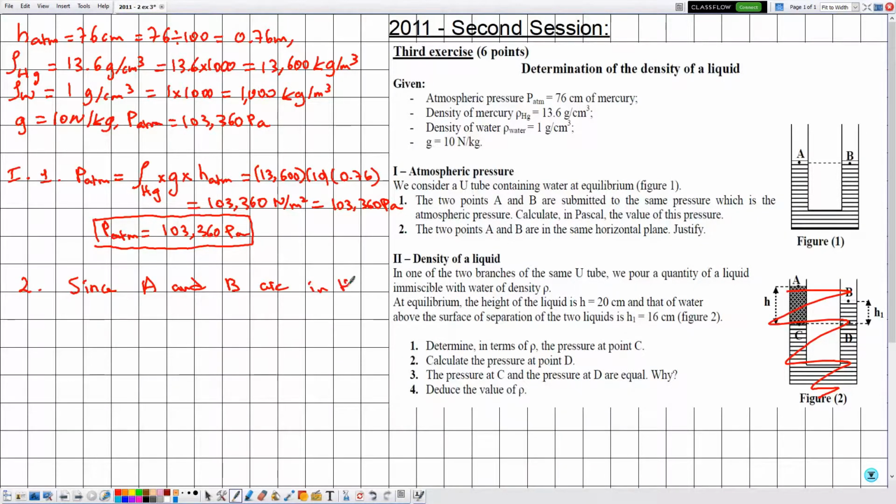Then let's write: since A and B are in the same liquid, comma, this is the first idea. The second idea is at equilibrium, and submitted to the atmospheric pressure.